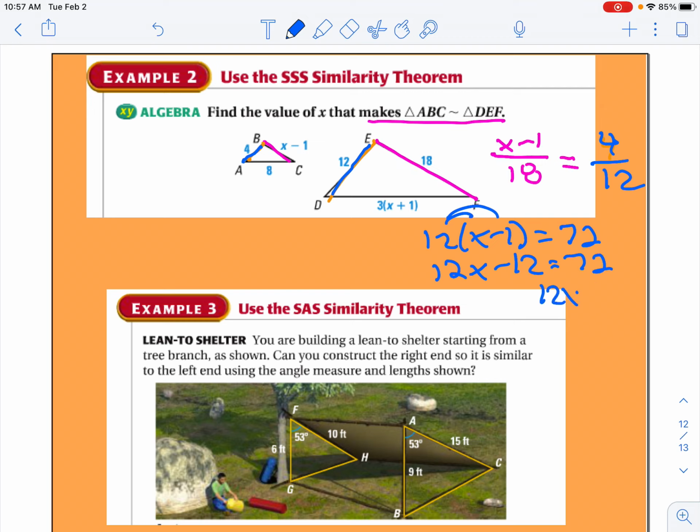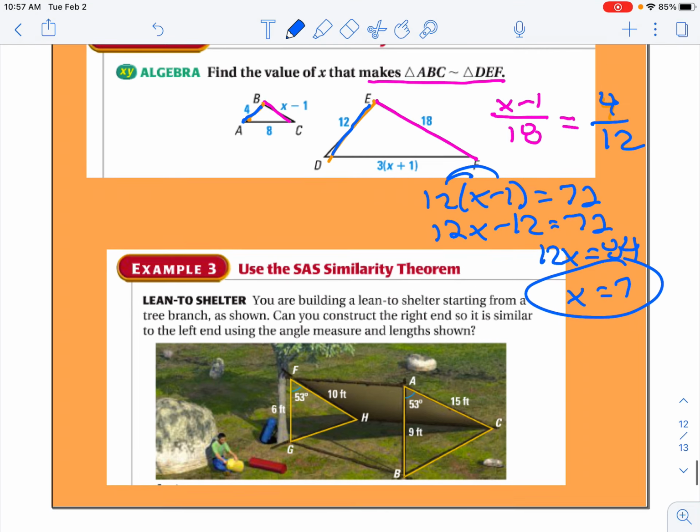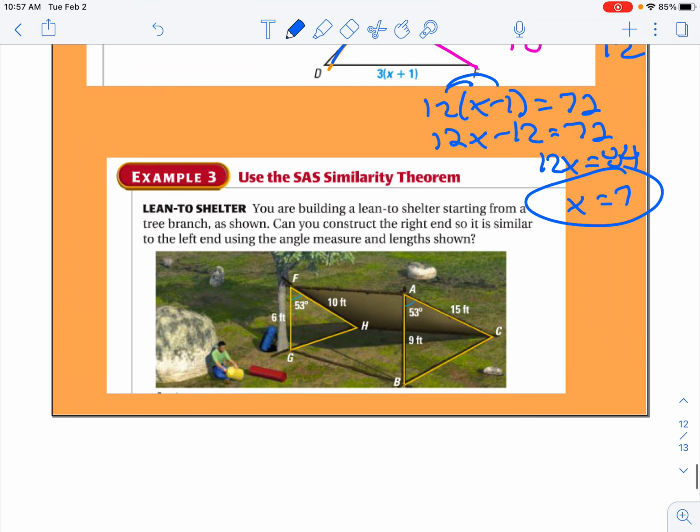Add 12 to each side, and we get 12x equals 84. Divide 84 by 12 and that gives us 7. So x is equal to 7. And you could have solved it with the other side as well, if you would prefer. And that's all that we were asked to do, was find the value of x.